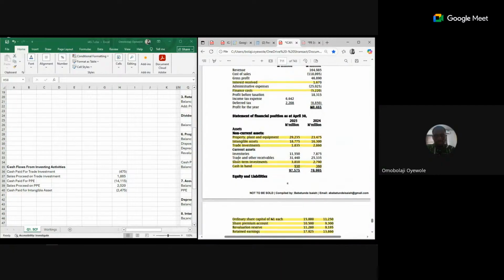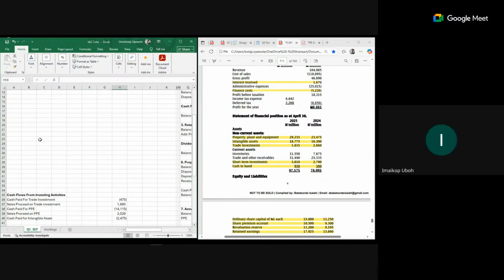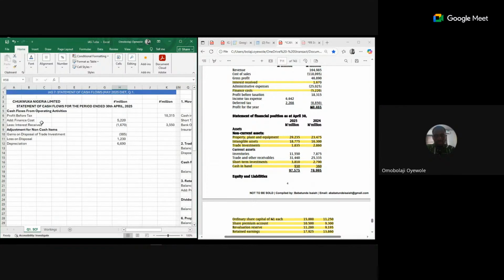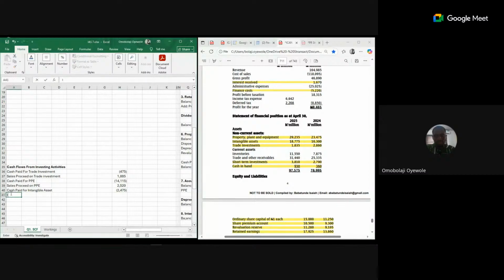Now, don't forget I started by saying you add your finance cost back and you less your interest received. Interest received is an investing activity, while interest paid is a financing or operating activity. We deducted our interest received from our profits before tax. So we are going to come back to investing activity.